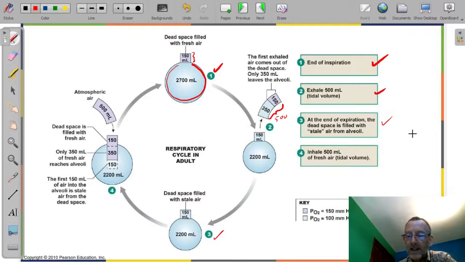Then we go to inhaling another 500 mils of fresh air. We're over here at step 4. In comes a new 500, all fresh.